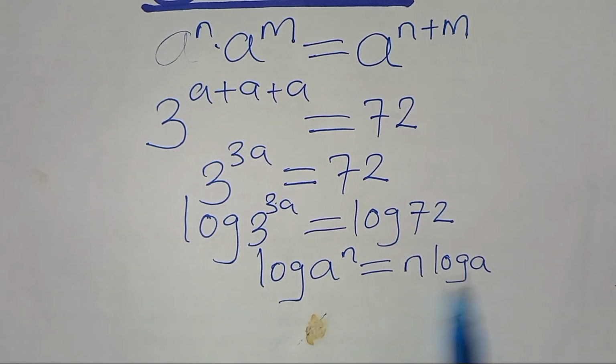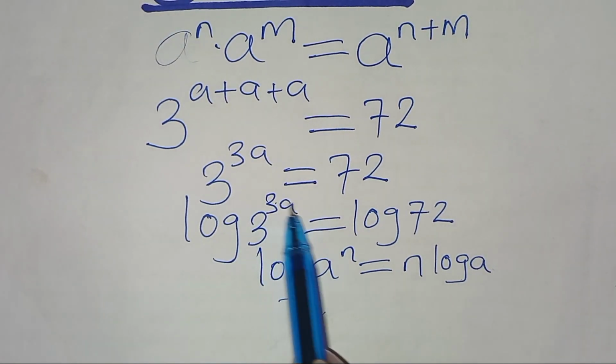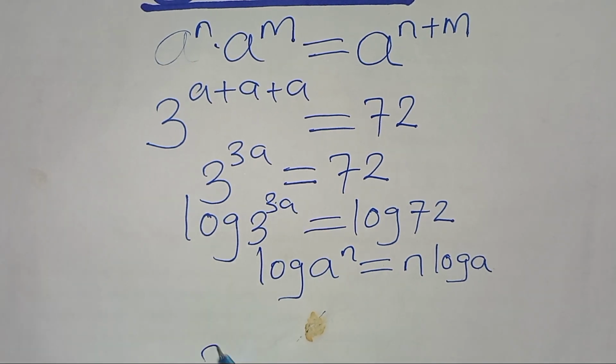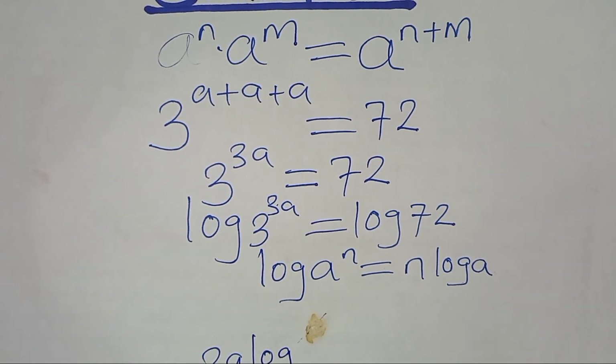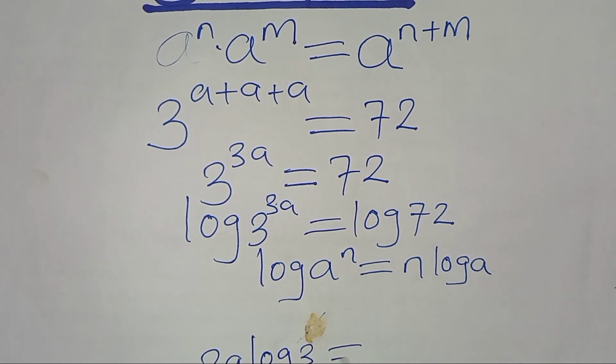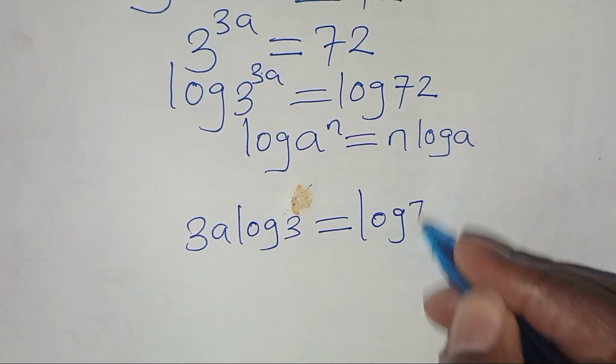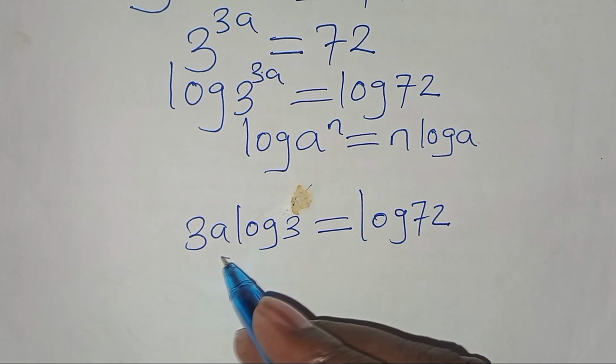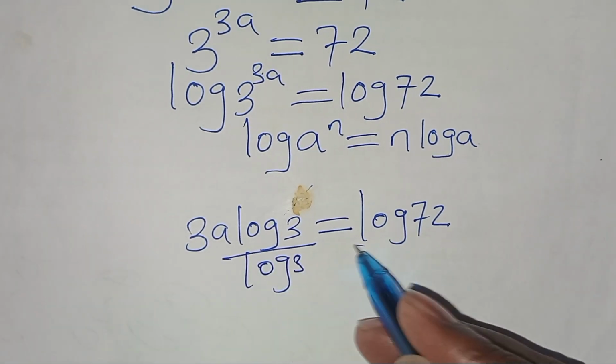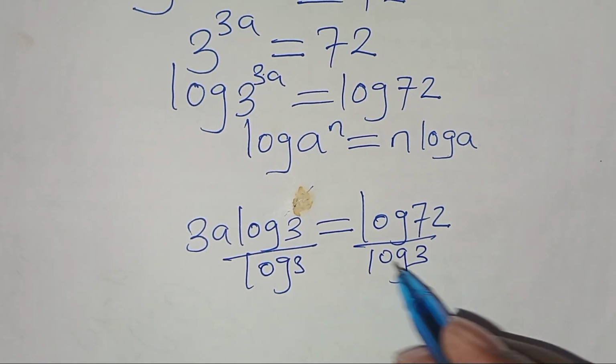Applying this power rule property, log 3 to power 3a becomes 3a log 3, which is equal to log 72.